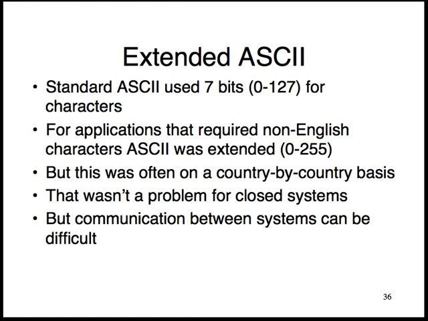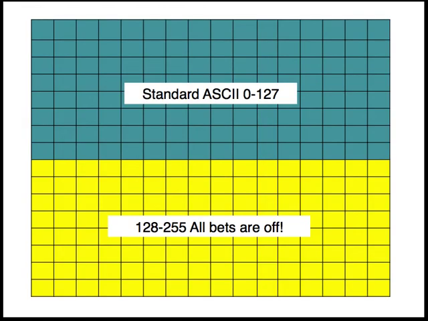That can happen from time to time. So standard ASCII occupied the positions from 0 to 127, and then from 128 to 255, well, all bets are off. Depending on where you are in the world, character number 200 might be any number of things.